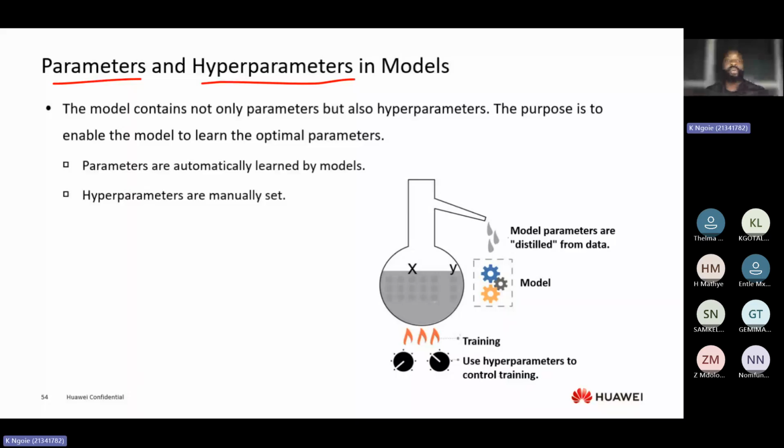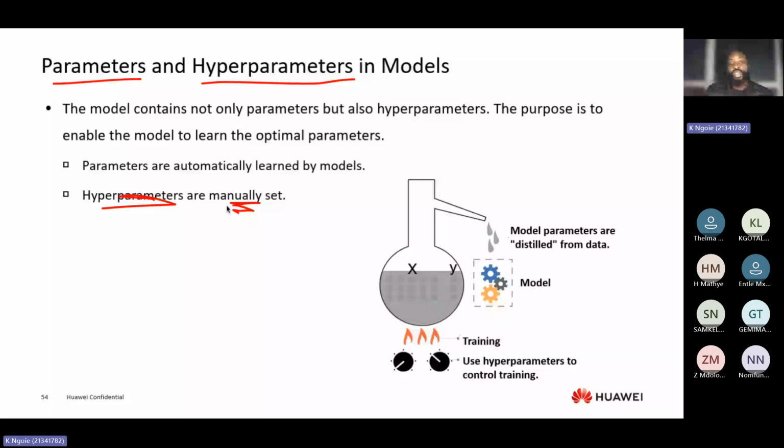The difference between parameters and hyperparameters is who is setting or changing those settings. Hyperparameters are set manually. It means you as a developer set those settings. If you can change the settings manually, it's called a hyperparameter.